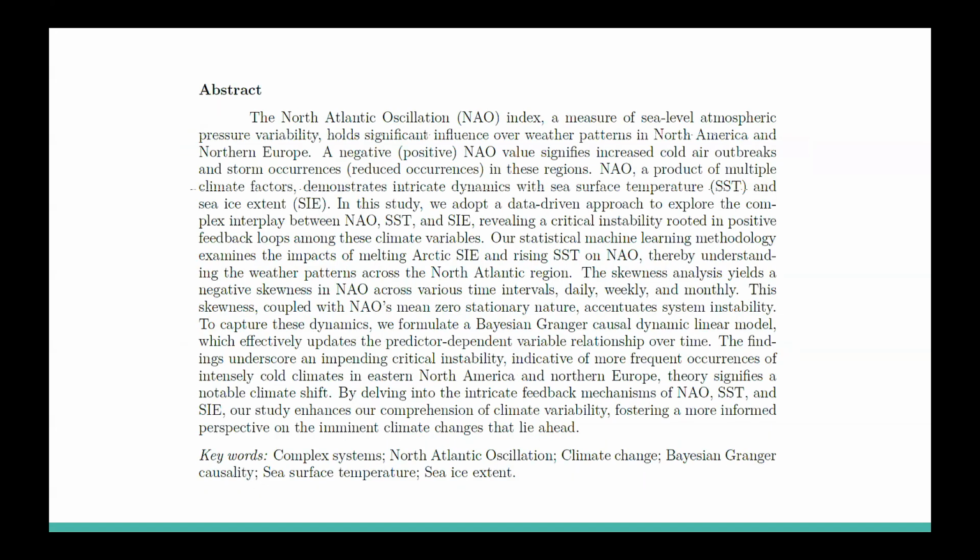In the abstract, we talk about the importance of climate change and how climate and environmental variables like the North Atlantic Oscillation, sea surface temperature, and sea ice extent interplay with each other. In this study, we adopt a data-driven approach to explore the complex interplay between these variables, revealing a critical instability rooted in positive feedback loops.